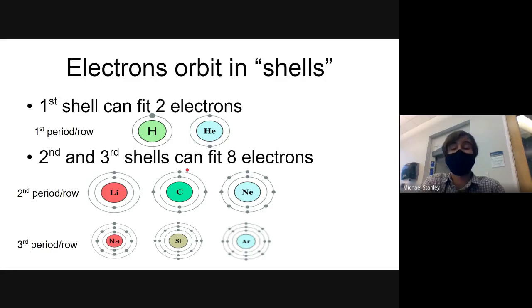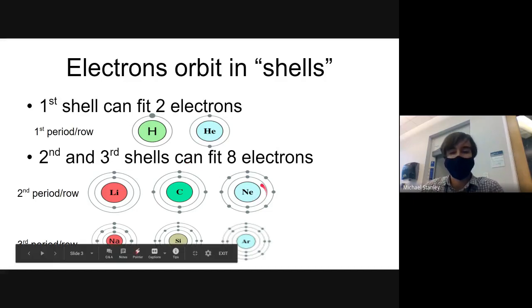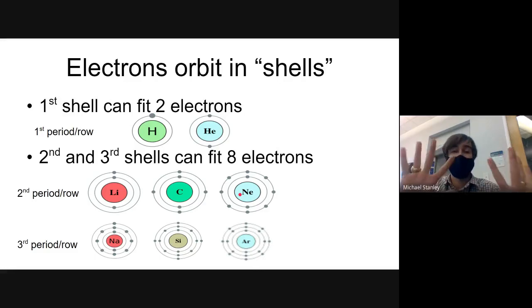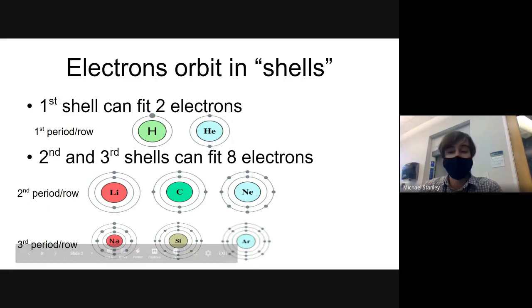If we want to look at an atom that has the first 2 shells completely filled up, we can look at something like neon. Neon has 10 electrons. When neon is getting its electrons organized in its shells, the first 2 go on the first shell, as always, 1 and 2.